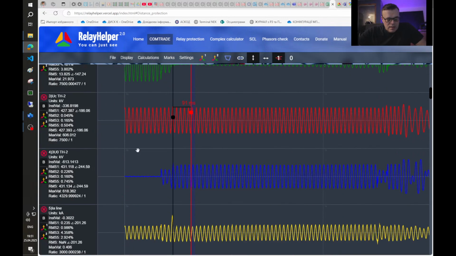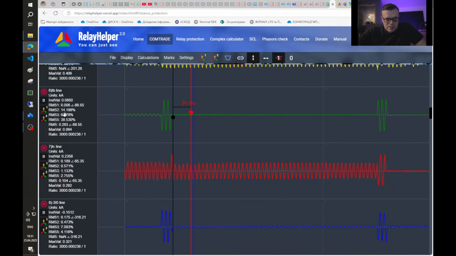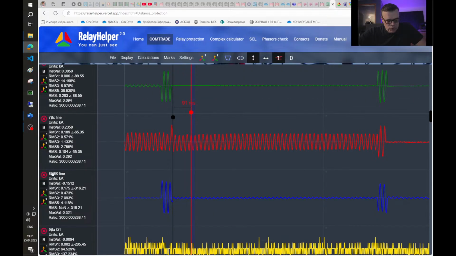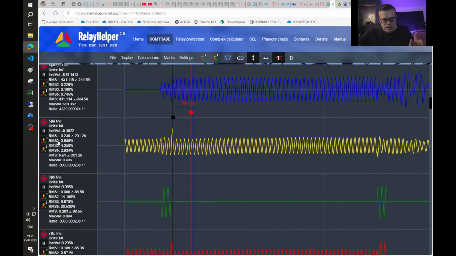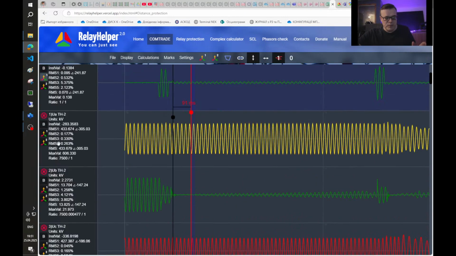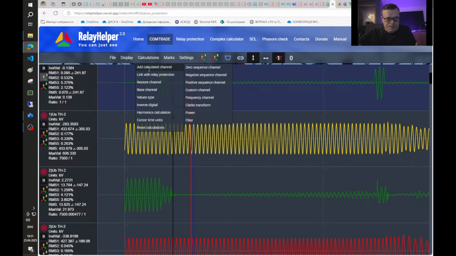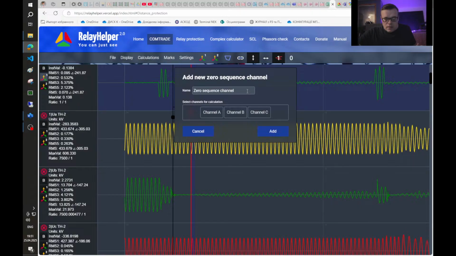This digital recorder is tuned to show minus zero sequence current. So first I calculate just the usual zero sequence current of the line.